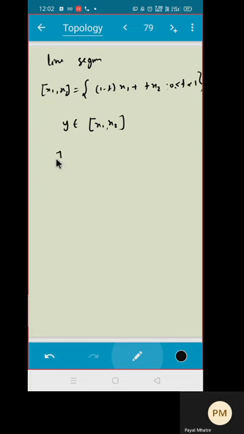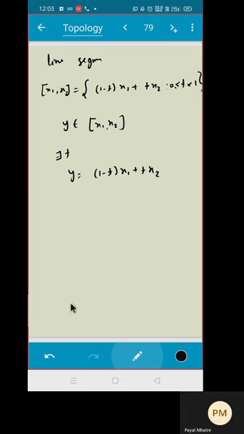That means there exists some t such that y equals (1 minus t) x1 plus t x2. Is that clear? Correct? What are you supposed to prove?